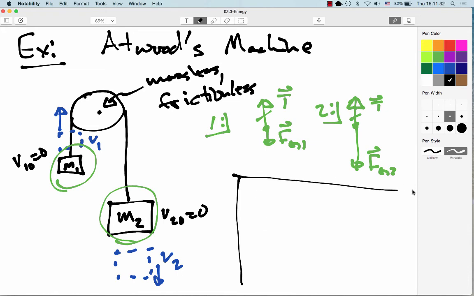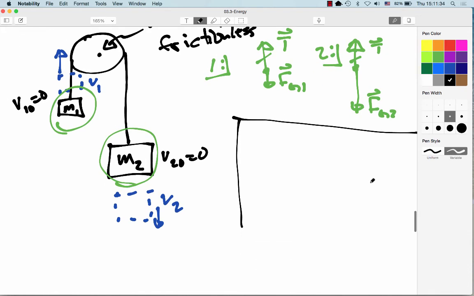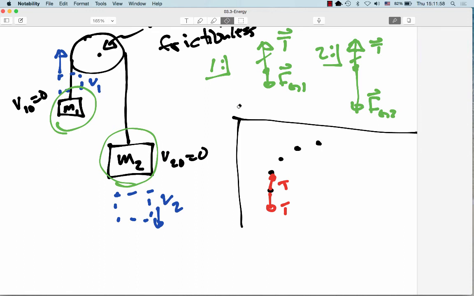So here's my quick aside. So if we zoom way in, we'll just look at a few small bits of the string as we go along. Okay, so we'll have a tension force down, and then this guy has to exert a tension force that way. Actually, let's get rid of those dots there. It'll make it easier to visualize.